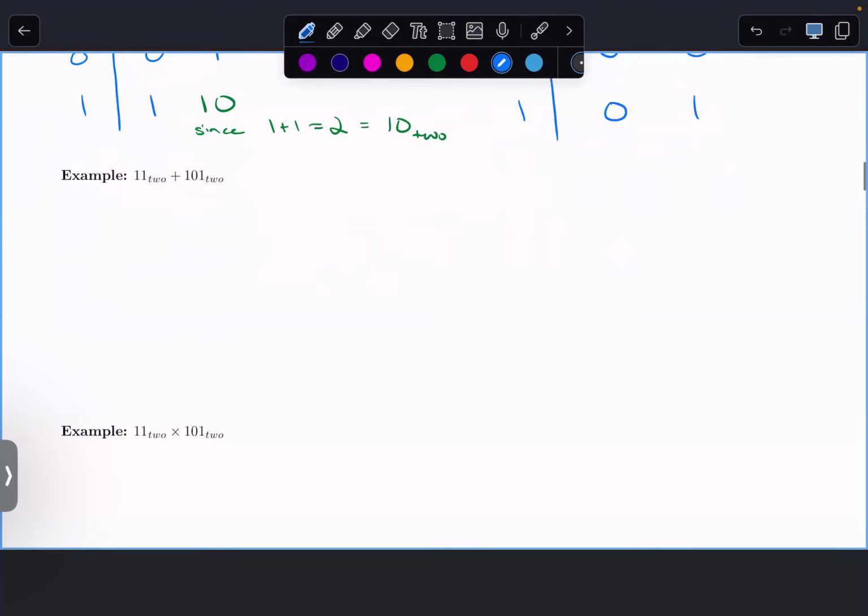All right. So if we have to do 11 base 2 plus 101 base 2, I'm going to set it up like this. The base 2 is kind of understood at this point. You can write the base 2, but as long as you're keeping track.